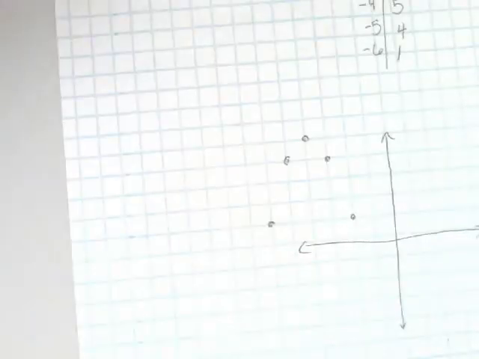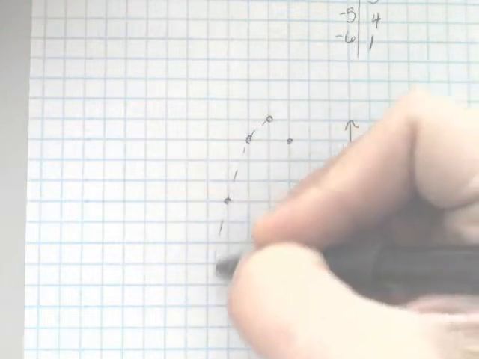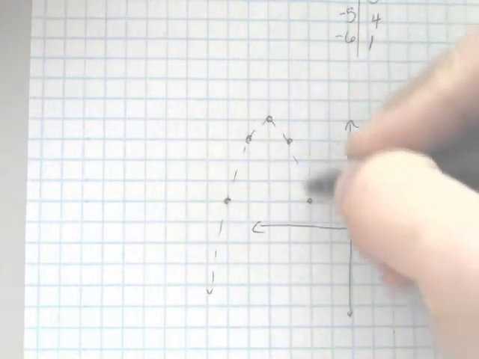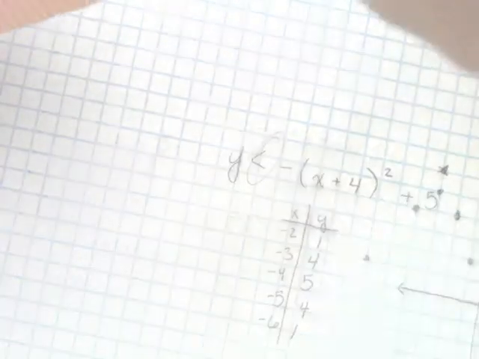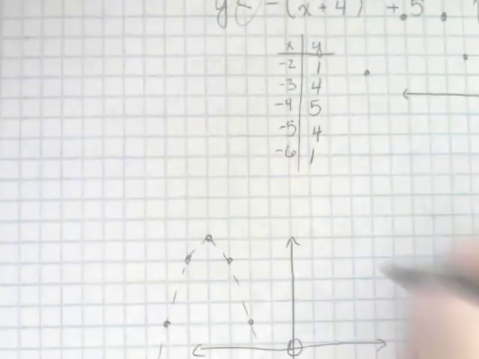That's much better. Okay, I'll connect those points with a dashed line, and the reason that I'm connecting these with a dashed line is because looking back at the inequality, it's just a less than. Okay, I'm going to check my test point of 0, 0 again.